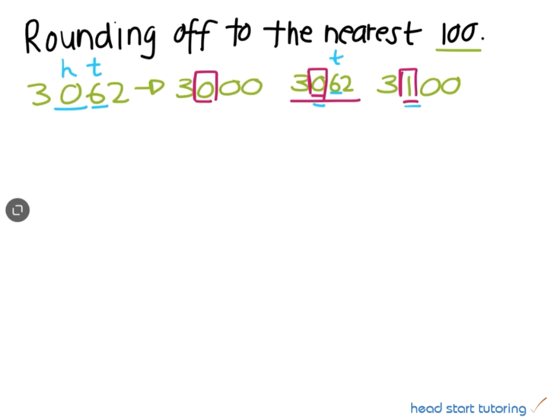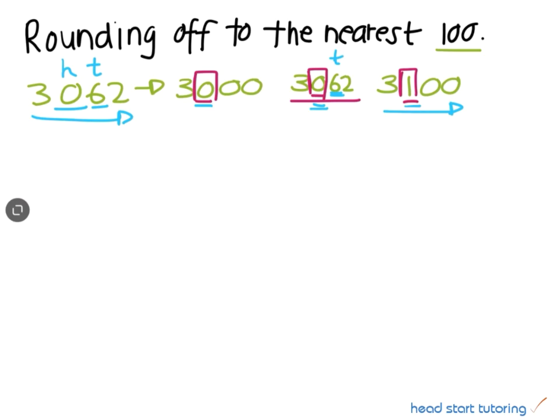So from a 0 to a 1 is just 1 digit, and that's because our 10 is a 6. If our 10 was a 0, 1, 2, 3, or 4, then our 100 would stay the same. It wouldn't change at all. Right, so rounding the number 3062 off to the nearest 100 will give us an answer of 3100.